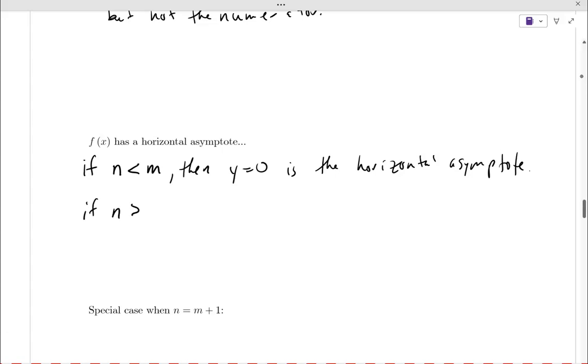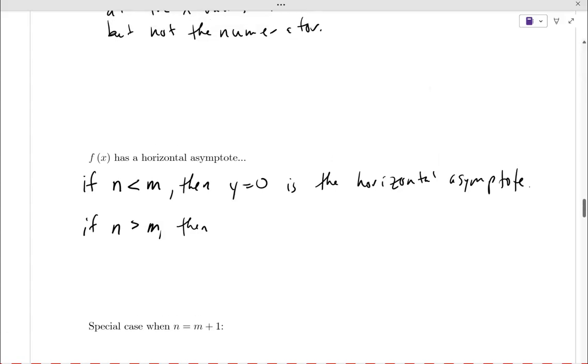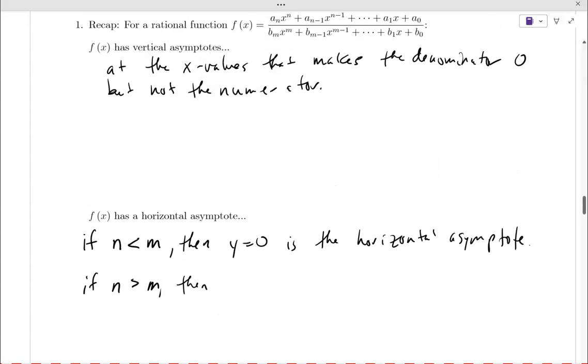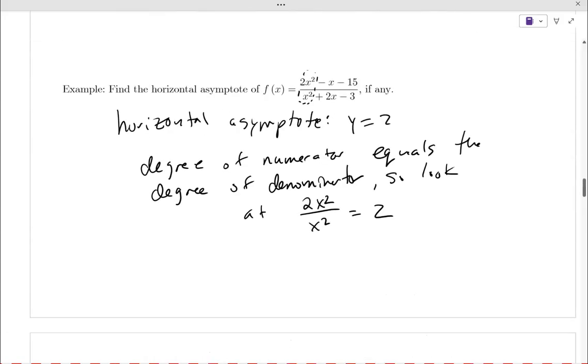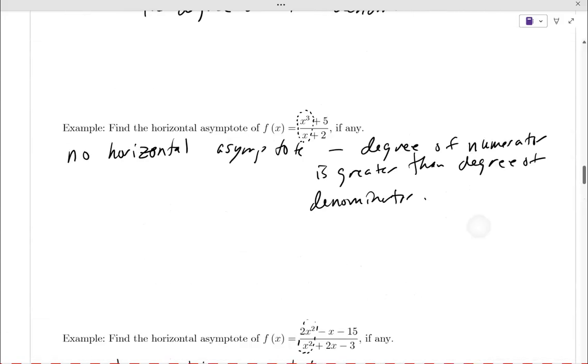If the degree of the numerator is greater than the degree of the denominator, then what happened? Let's scroll back up again, see if we can find an example of that, where the degree of the top was bigger than the degree of the bottom. That was the middle example on the previous page, right? Again, in this case, we had x cubed essentially over x.